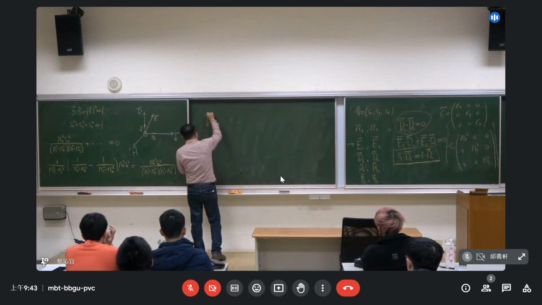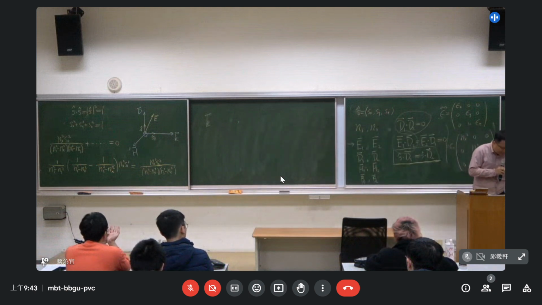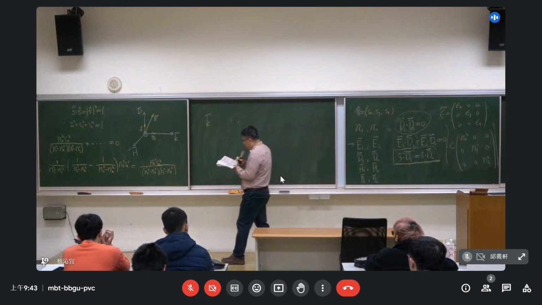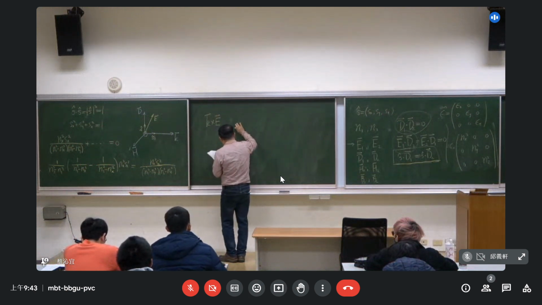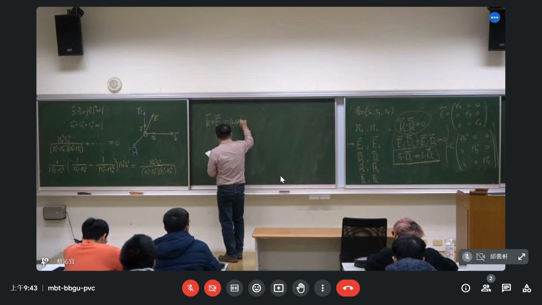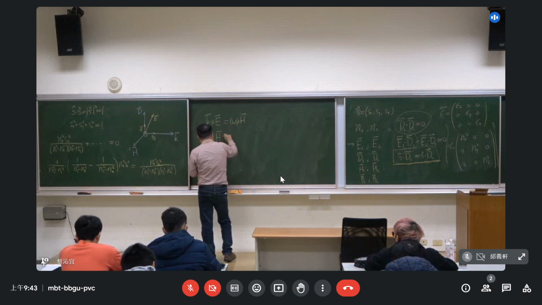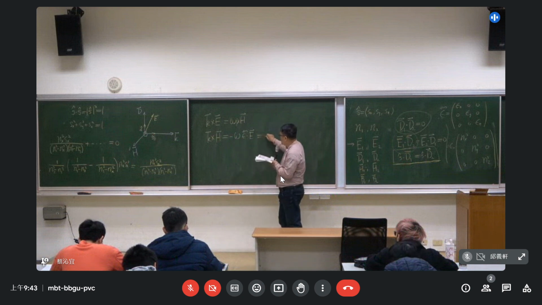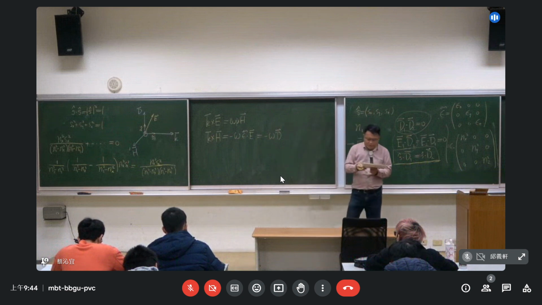So let me derive some useful equations which will be used later. We already know that we have k cross E equal to omega mu H, and k cross H is equal to minus omega epsilon dot E. Here we can just write this epsilon dot E as D. We want to know the direction of the D vector.